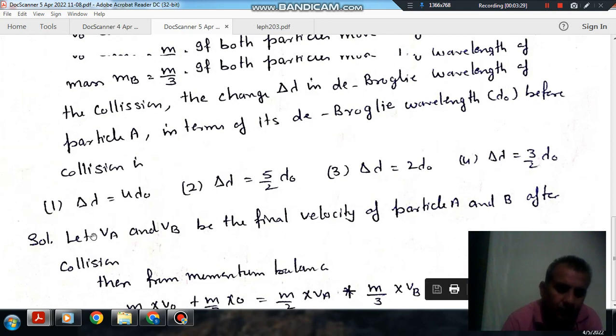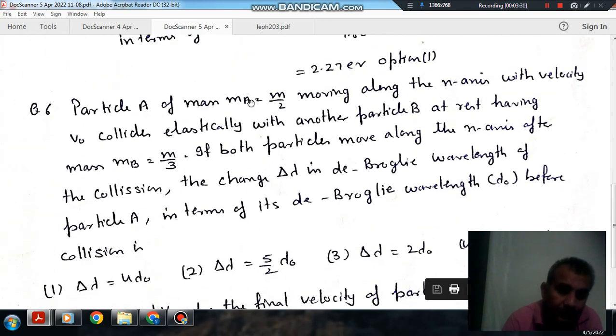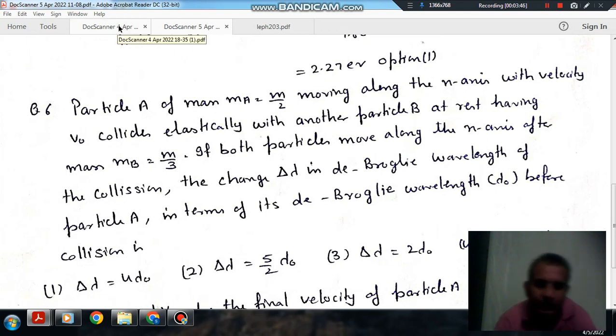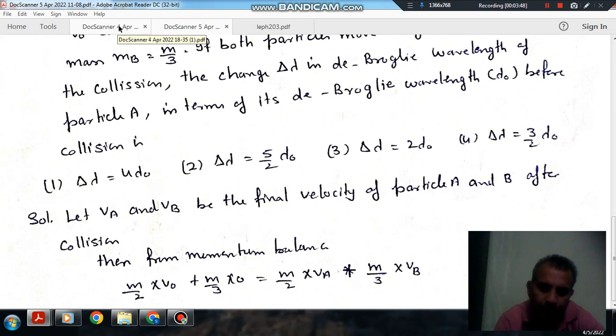Here the mass m_a is m by 2 with initial velocity v naught, and the mass m_b is m by 3 with initial velocity 0. Let v_a and v_b be the final velocities of masses m_a and m_b.